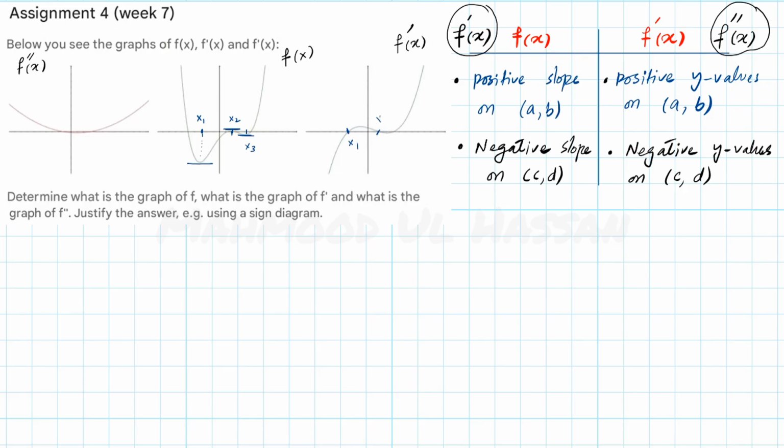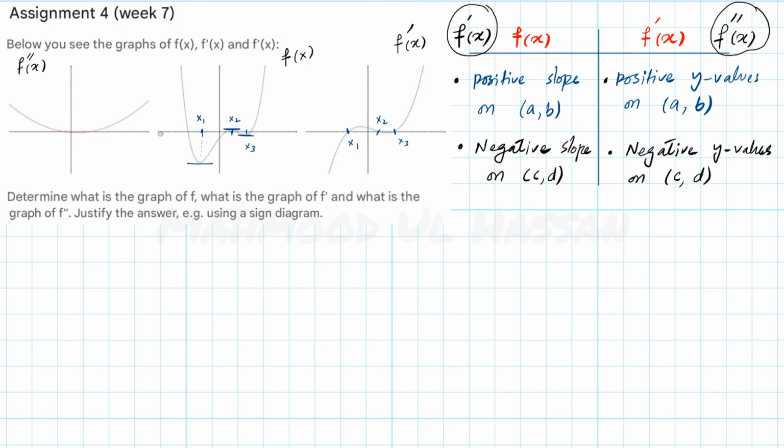The second is x2, and the third one is here, that is x3. You can clearly see that these are the points on the x-axis, and the graph of f prime of x passes through these points.